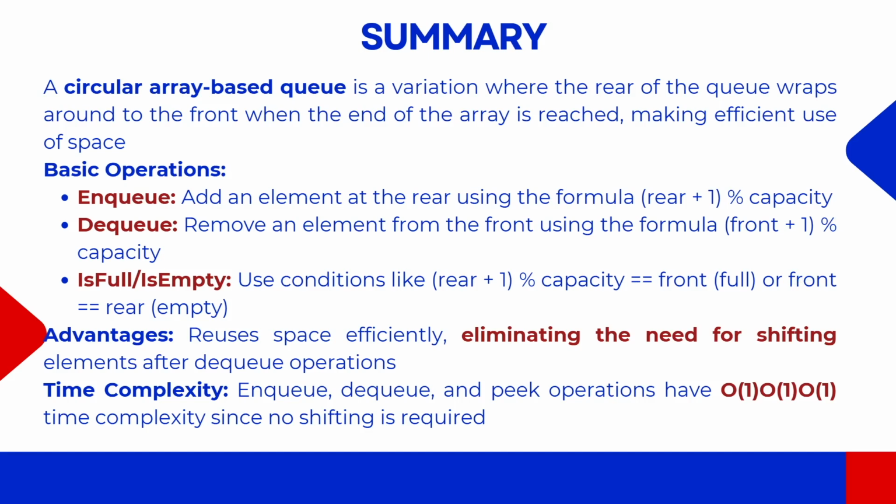Thereby, we claim that with circular array implementation of queue, we could conserve memory space. So, to summarize what we have seen so far, with this lecture we saw another variation for implementation of queue using a circular array. The speciality here is that the rear end of the queue wraps back to the first position when the end of array is reached, and thereby we are able to make use of the spaces that are left free just because of carrying out deletion operation on the queue.